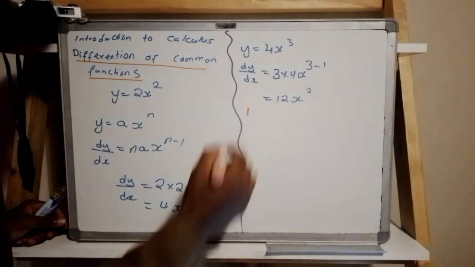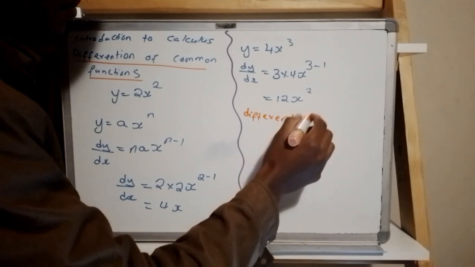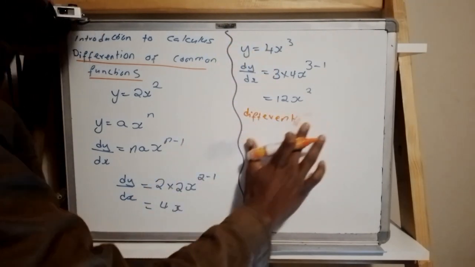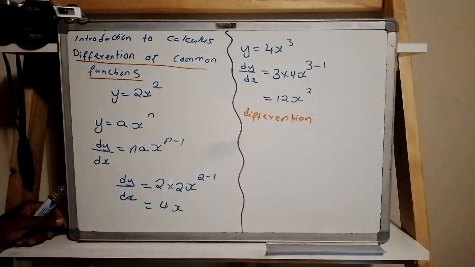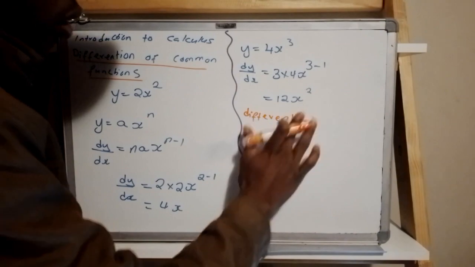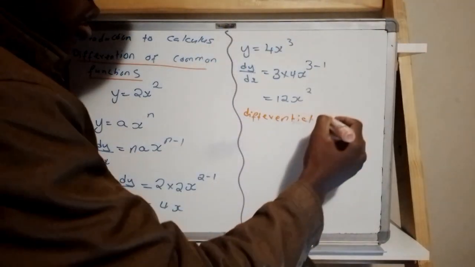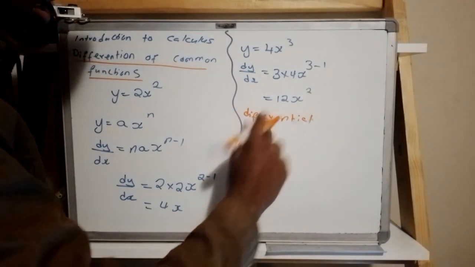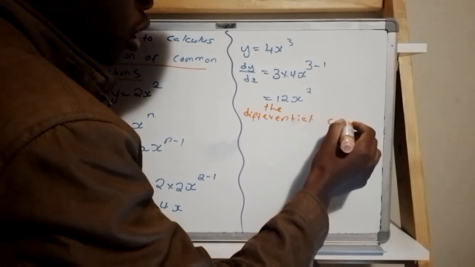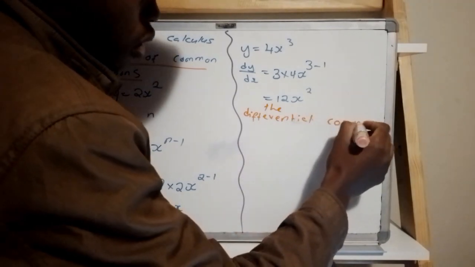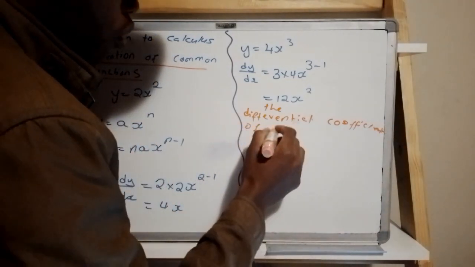When you differentiate a constant, what will happen? The differential of a constant is 0.